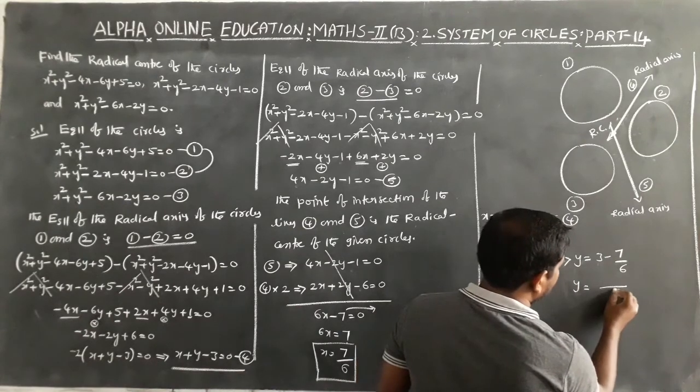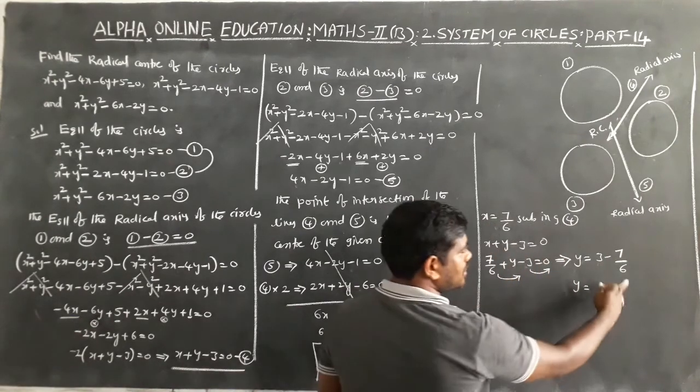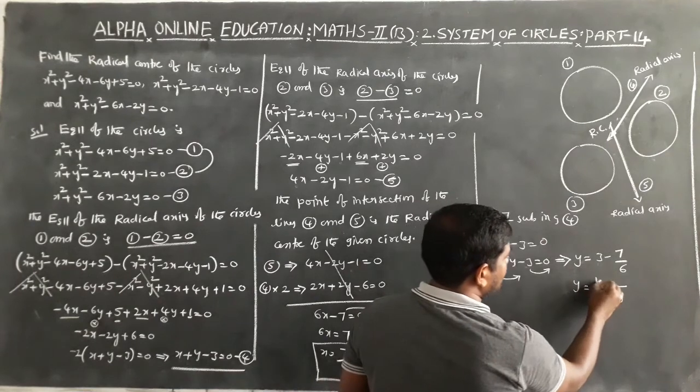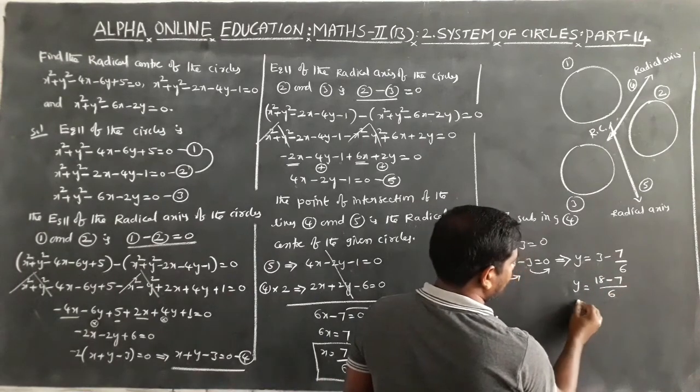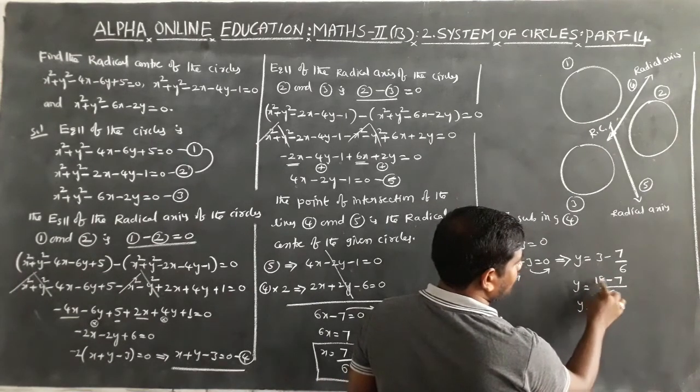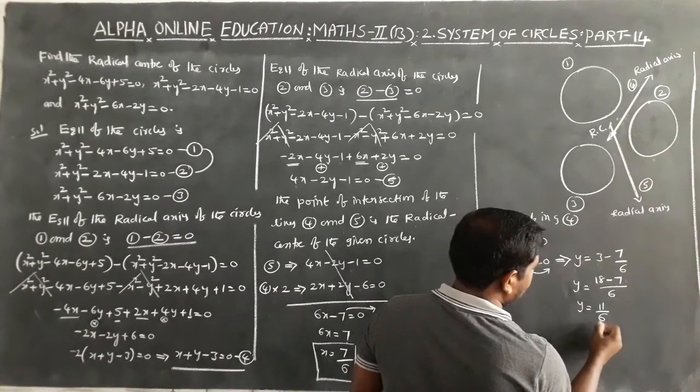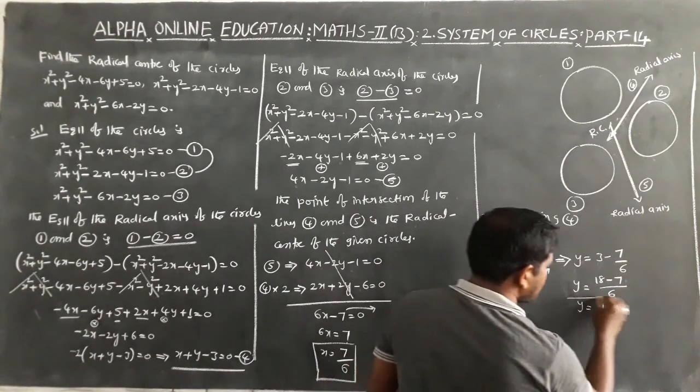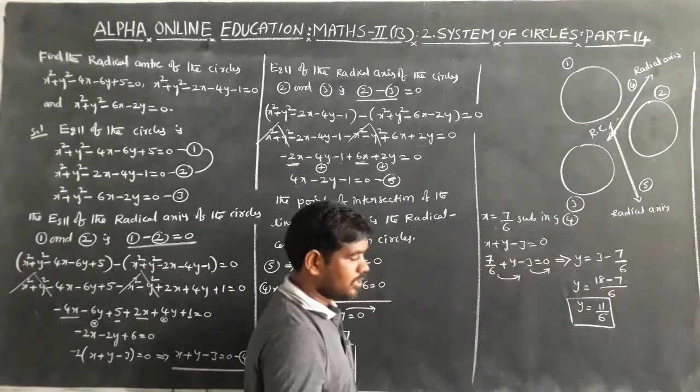Here LCM is 6: 6 threes are 18, minus 7, 11 by 6. This is the y value.